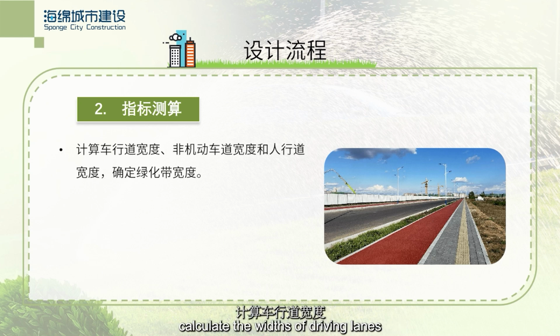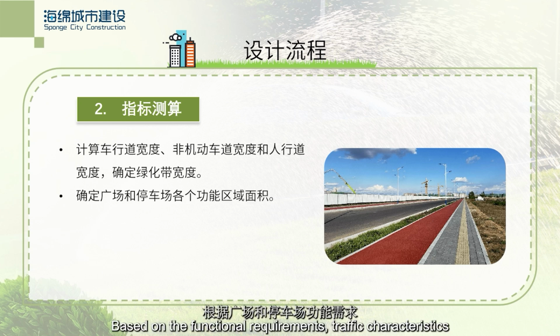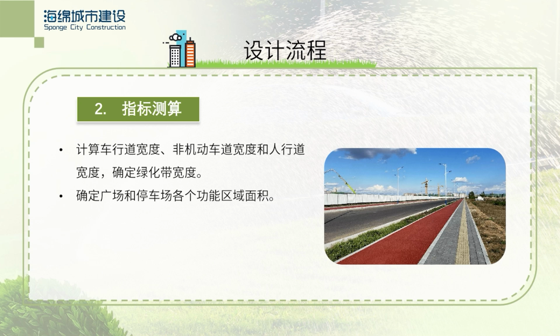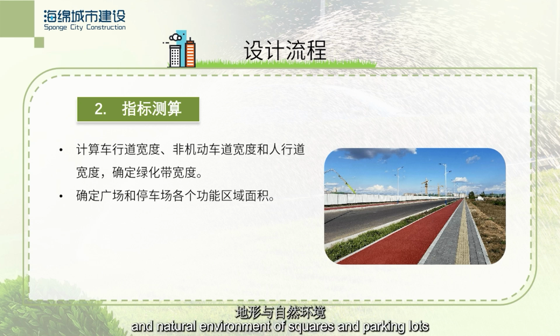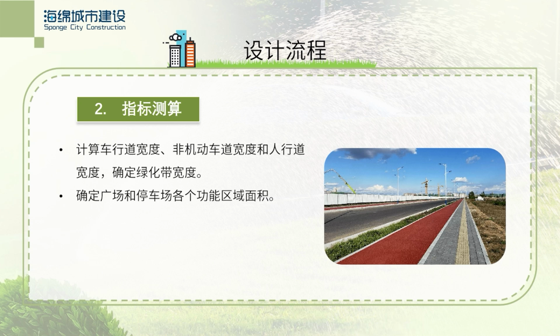Calculate the widths of driving lanes, bicycle lanes, and sidewalks, and determine the width of green belts based on the functional requirements, traffic characteristics, terrain, and natural environment of squares and parking lots.